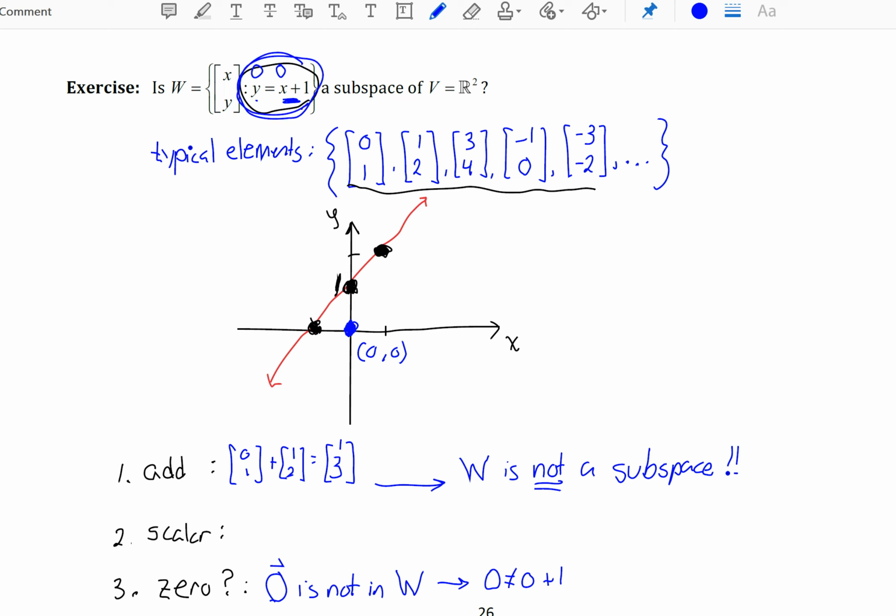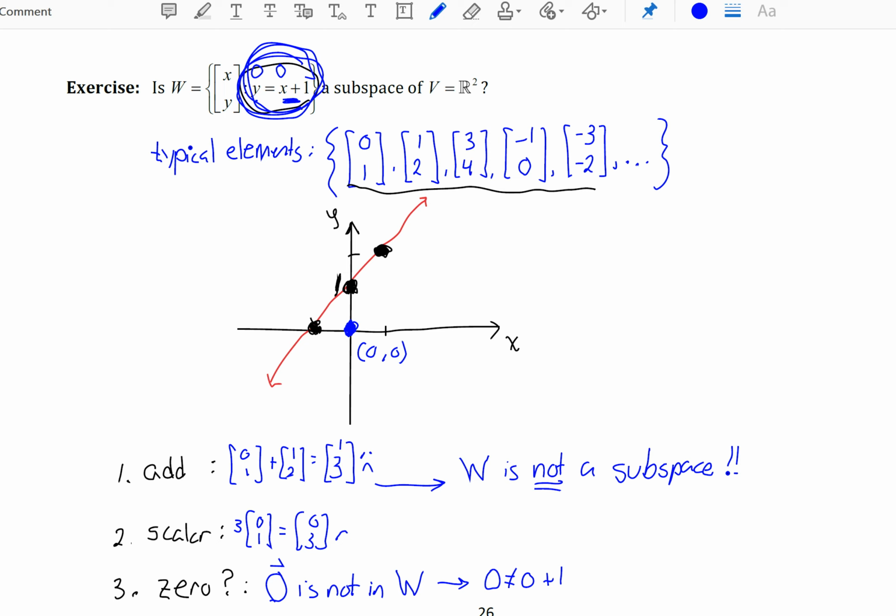So it also does not satisfy vector addition. You also could have shown that it fails scalar multiplication. If you took the element 0, 1 and multiplied it by 3, 3 times 0, 1 would be 0, 3, which is not on the graph of this line. It does not satisfy this equation.